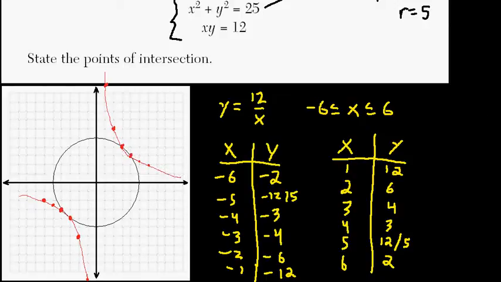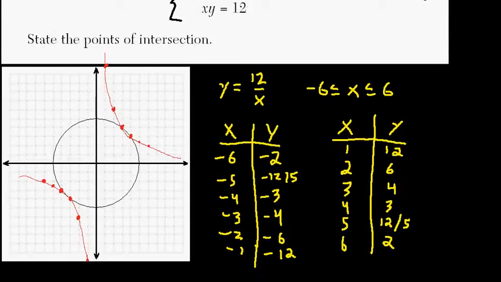So I'm just going to go out on a limb and say that the points of intersection for this curve, and we'll write them in blue, are going to be this point and this point, as well as this point and this point. And those are, as we said, the points 3, 4, and 4, 3.